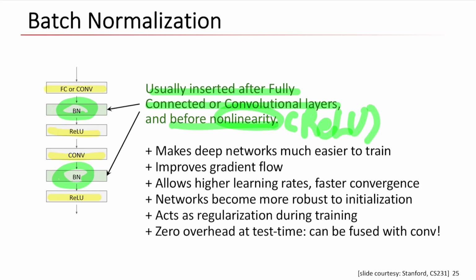So nowadays, most deep neural network-based methods use batch normalization to make the deep network much easier to train, to improve the gradient flow, and to allow a higher learning rate and faster convergence. And by using batch normalization, the network becomes more robust to initialization, acts as a regularization during training, and has zero overhead at testing time.